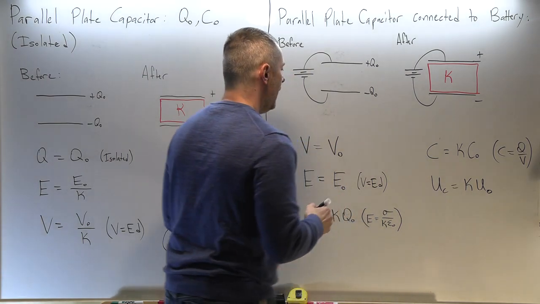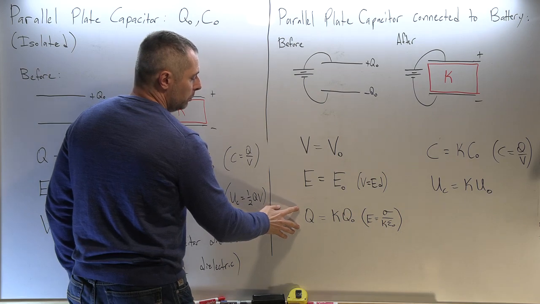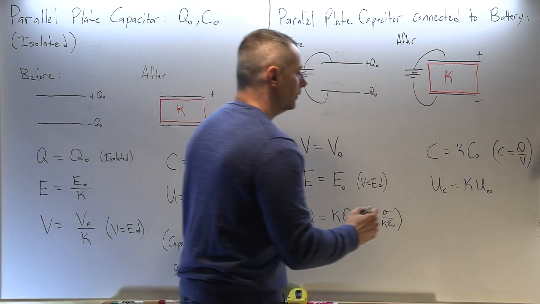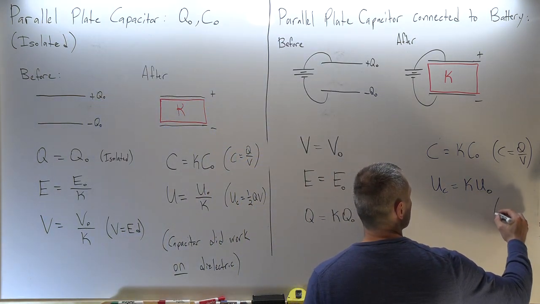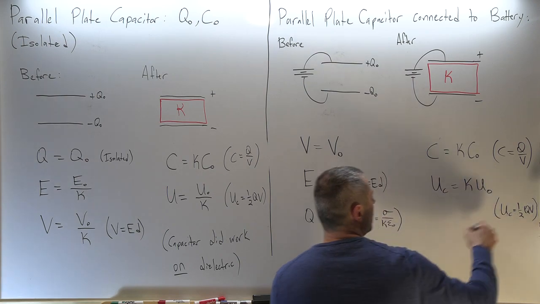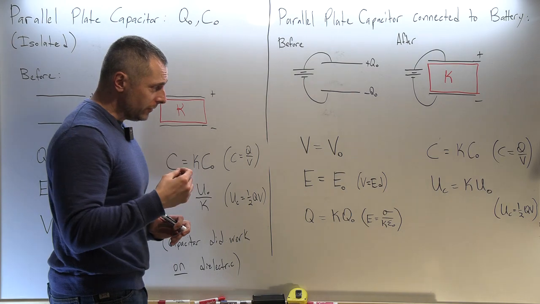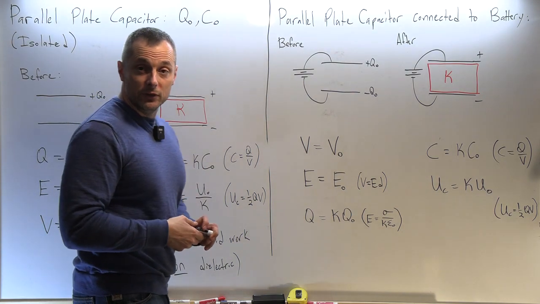How do I reason that out? Well, if I have 1/2 QV, more charge with the same volts, 1/2 QV, the energy in the capacitor equation, so that's how we can reason out there's more energy.